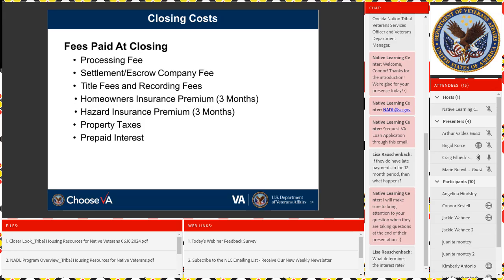And so we'll determine the daily accrued interest rate, and we'll impound that amount into the escrow. So when the payments do start the following month, we have sufficient interest already paid in. So these are all prepaids, and you could consider them fees, but they're really not. These are all for the benefit of the veteran. We're just collecting some of this up front because we know these items will come due in the future.